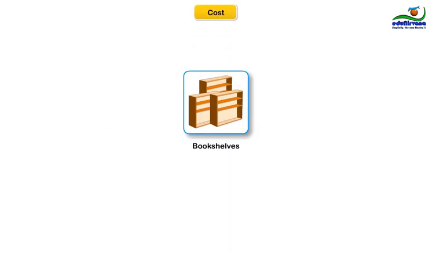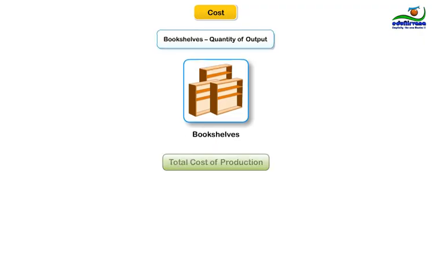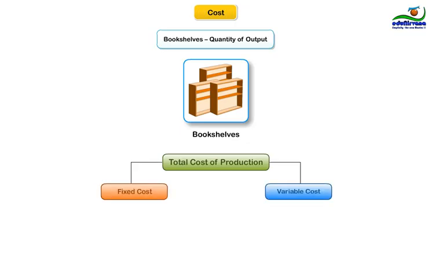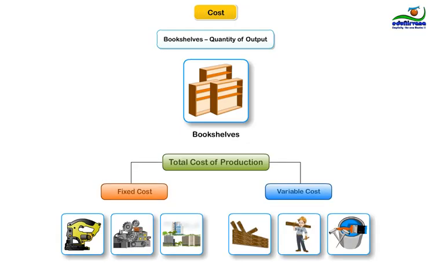Let's start the discussion. A given quantity of output, say bookshelves, can be produced in many ways. As a business owner, we need to find the cheapest way, the most appropriate method for existing input prices. Total cost of production can be broadly classified into 2 categories: fixed costs and variable costs.